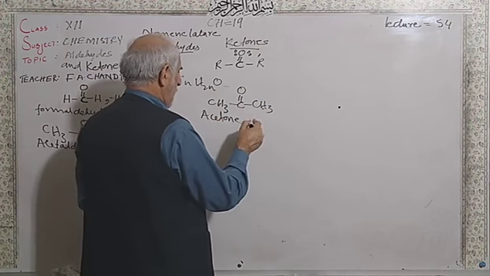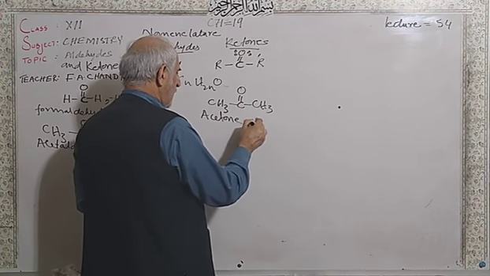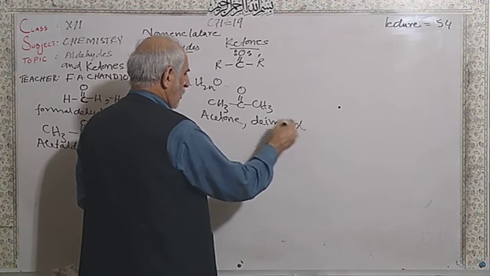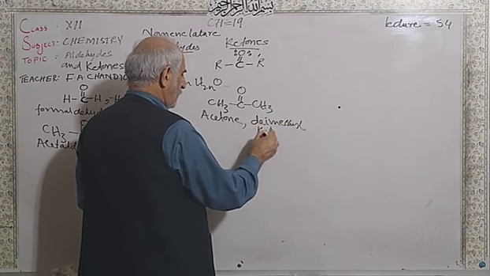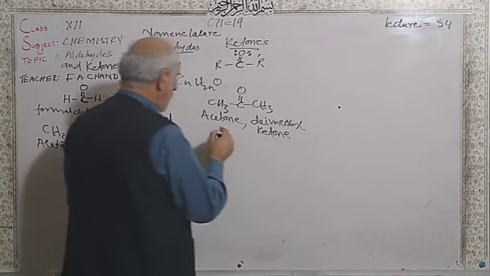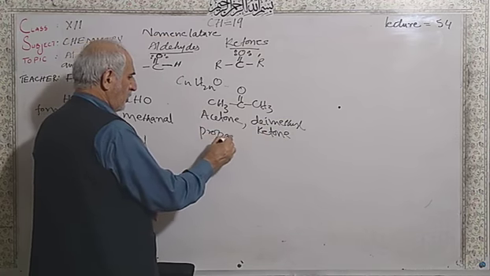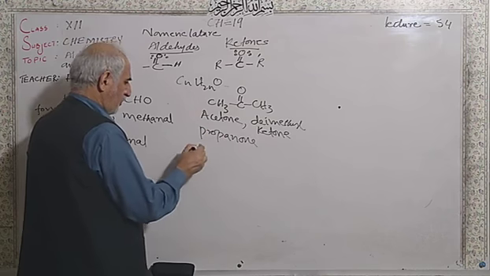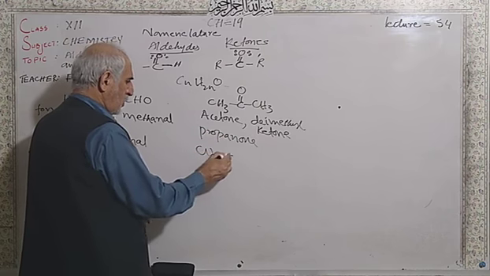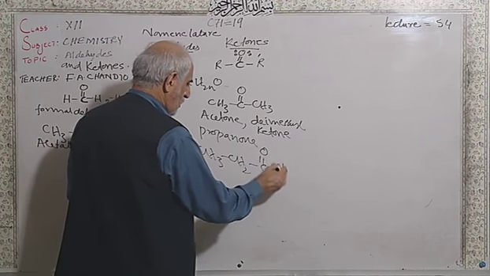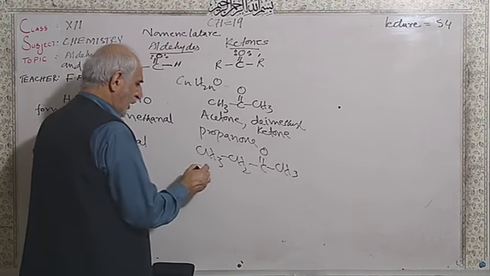Acetone, also called dimethyl ketone, or propanone. This is butanone.